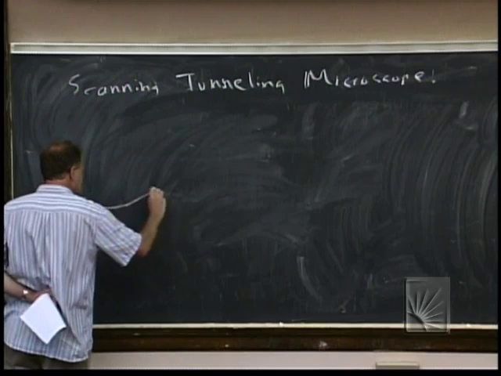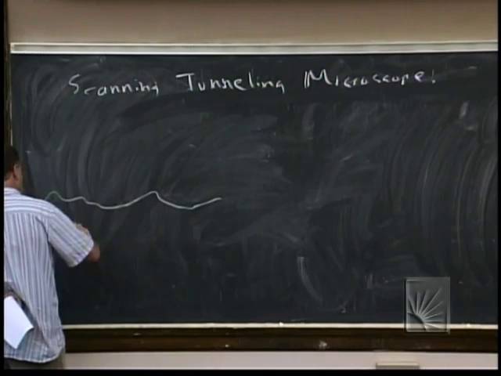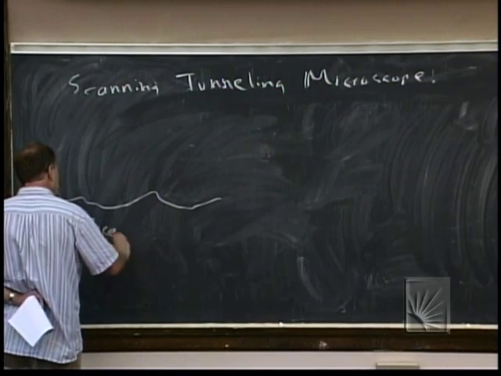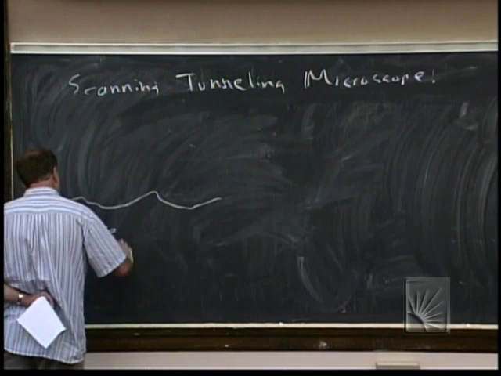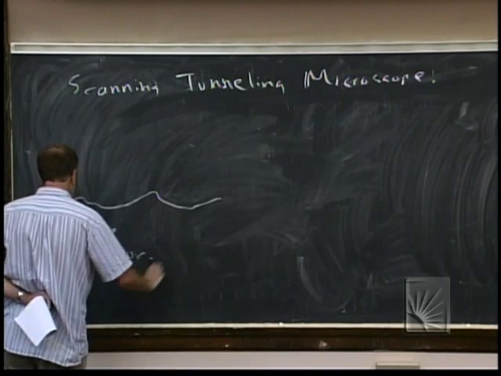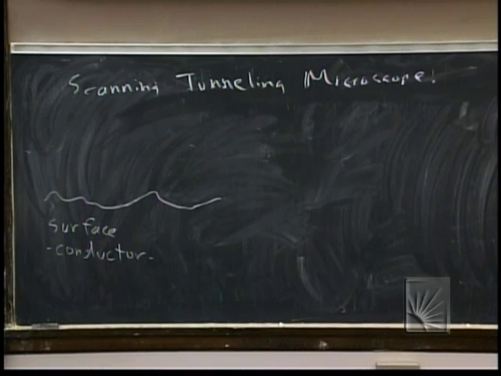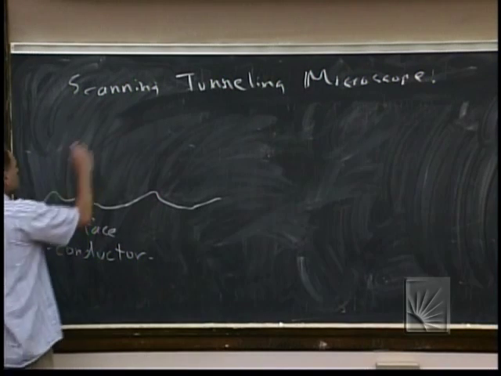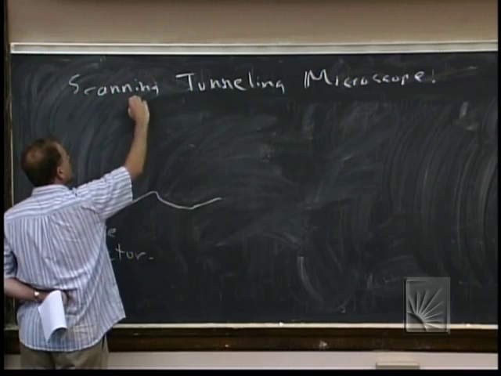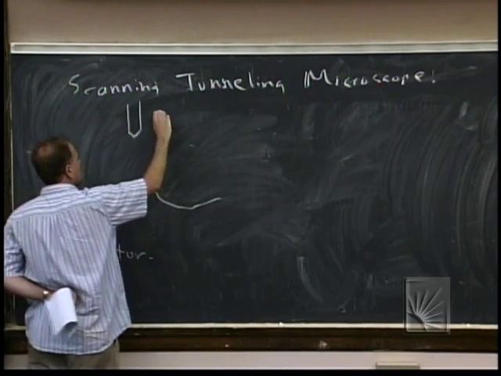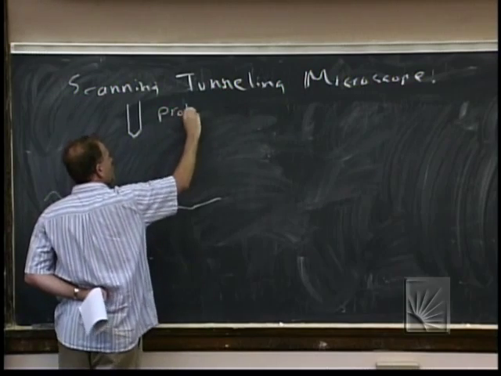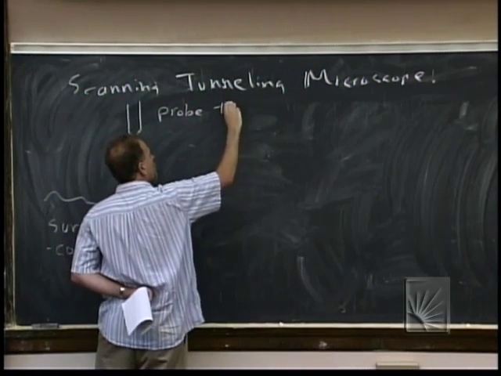I have some surface. This is some surface I want to look at. It's got to be a conductor, or it doesn't work. An electrical conductor. What you do is you take this tiny probe tip.